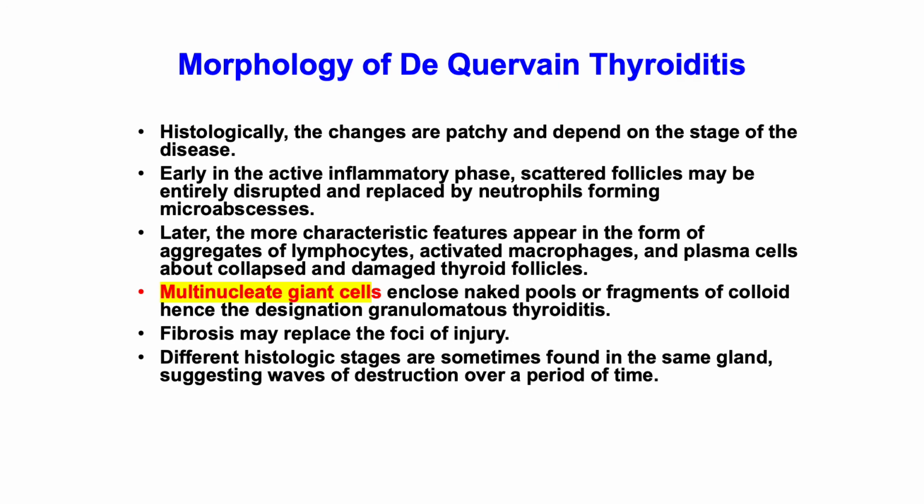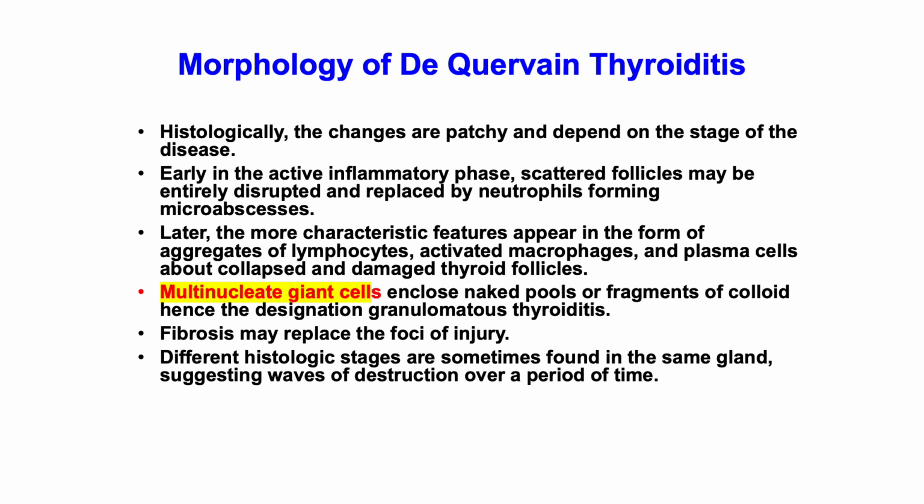So here the changes are patchy and depend on the stage of the disease, and the hallmark of the disease is the presence of granulomas. That could be well-formed granulomas, or it could just demonstrate multinucleated giant cells, and scattered epithelioid histiocytes may be there. So there may be focal fibrosis, but not very extensive.